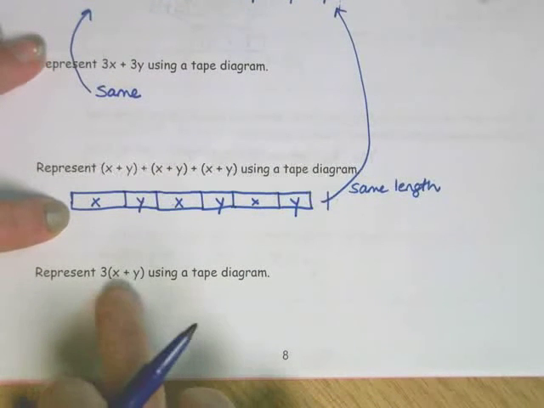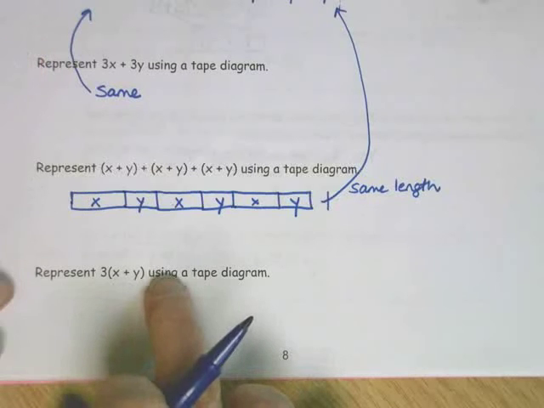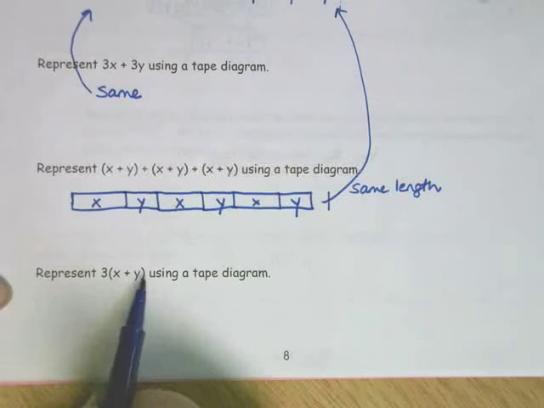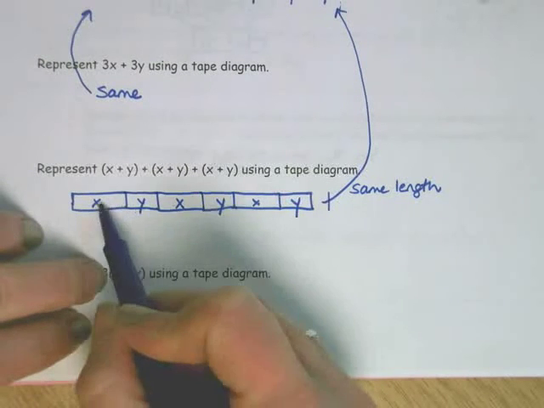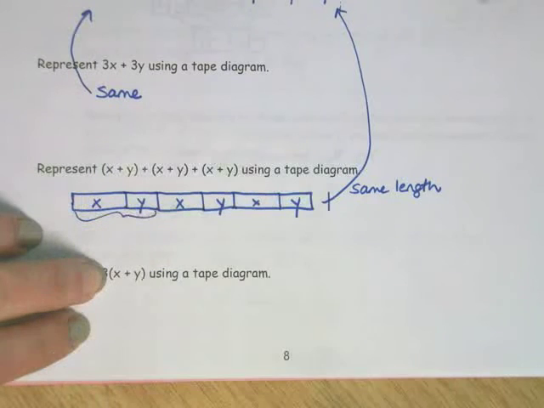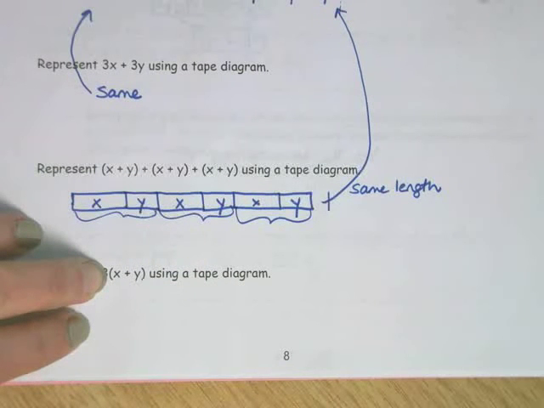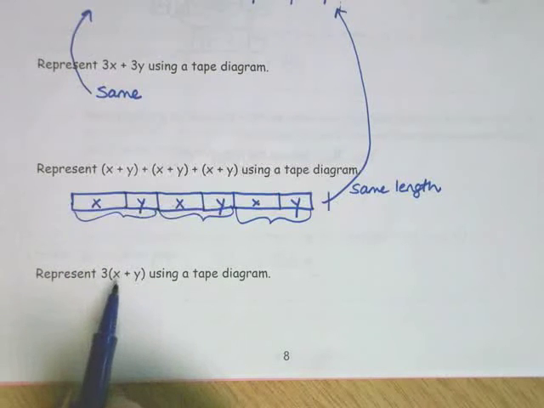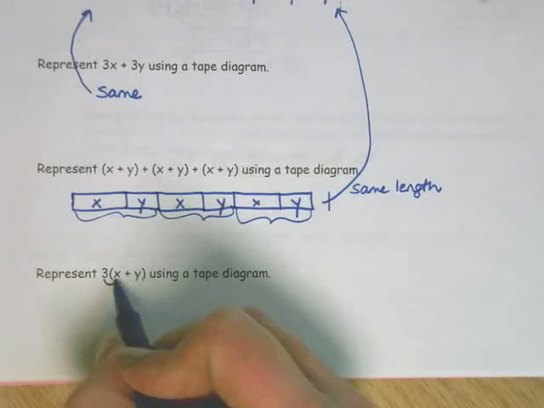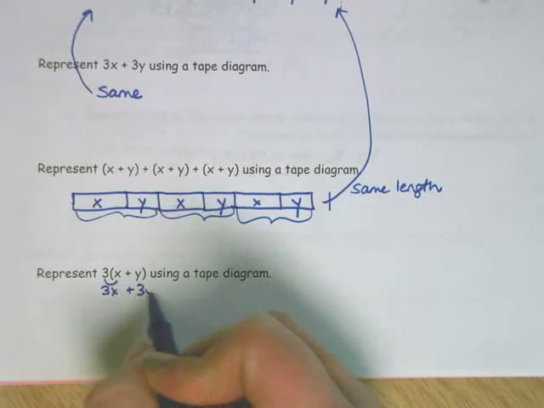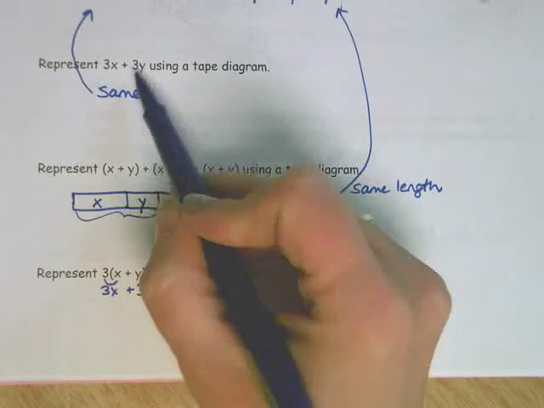What about this guy? 3 times x plus y. Well, if there's 3 times x plus y, this is 1 x plus y, this is 2 x plus y, this is 3 x plus y. So it would be the same as that. Or could we think about this as the distributive property? 3x plus 3y. And then we have what was up there already.